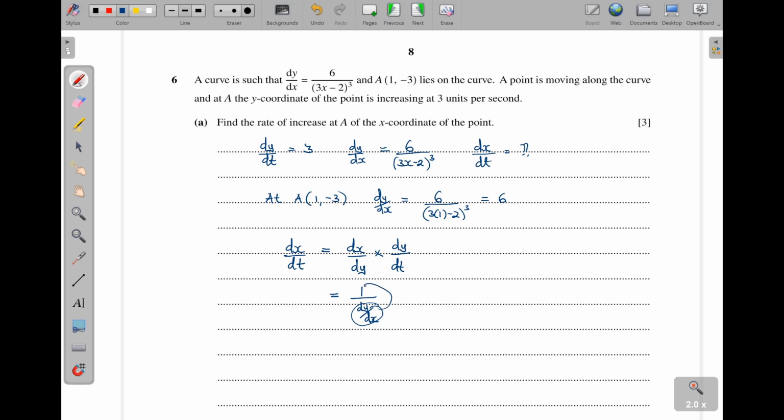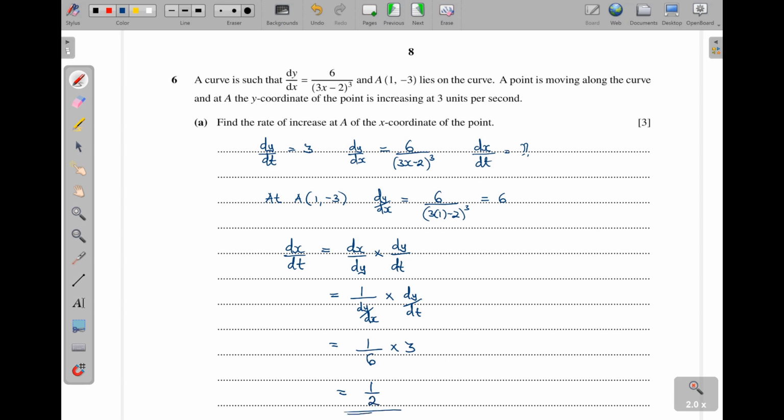Then we have dy/dt. Now dy/dx at A is 6, so I put 6, then dy/dt is given as 3. So 3 over 6, that is a half.